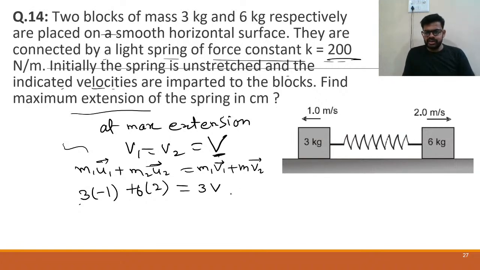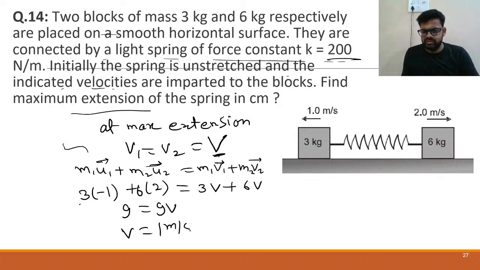Okay, this we have considered v, and this is m2. M2 is what, 6 kg and its velocity is also v. So I am getting here what, 6 into 2, 12. 12 minus 3, 9. 9 is equals to 9v. So value of v is 1 meter per second. So finally I will say at maximum extension, speeds of both the blocks will be same, and that will be 1 meter per second.